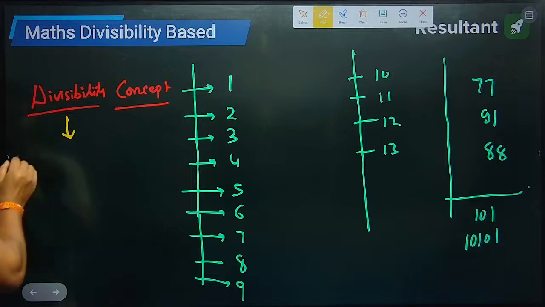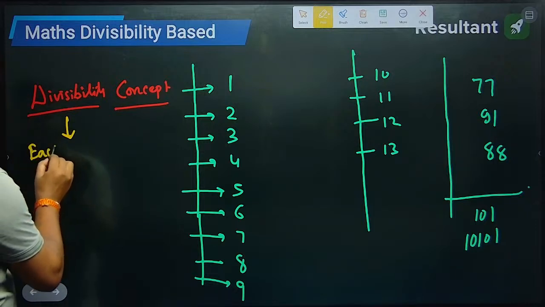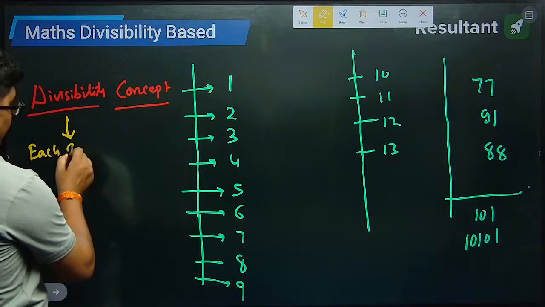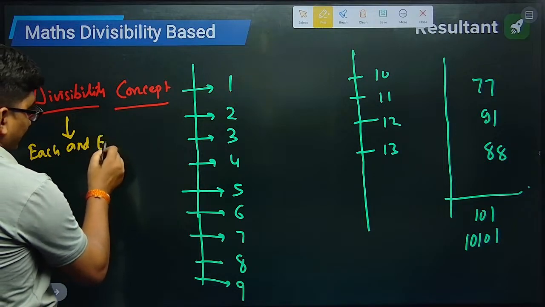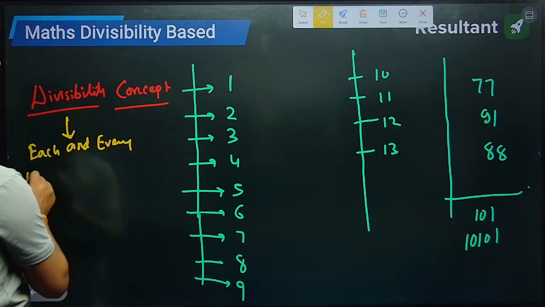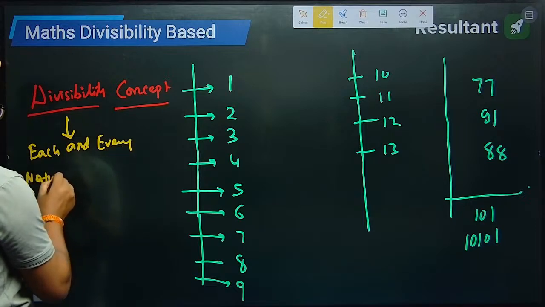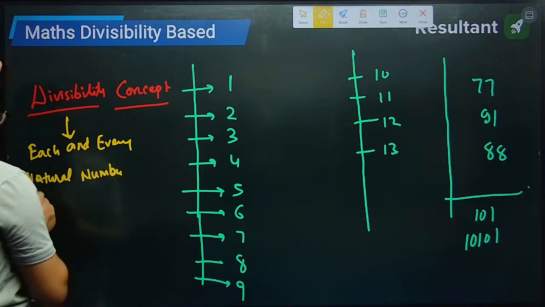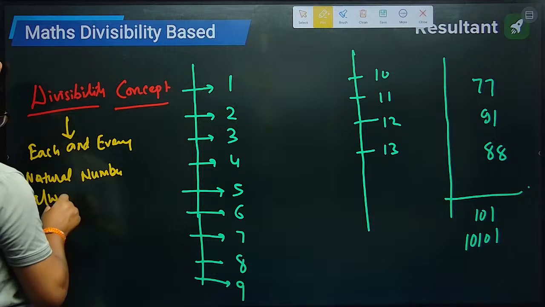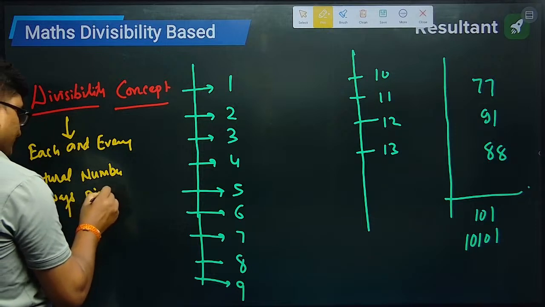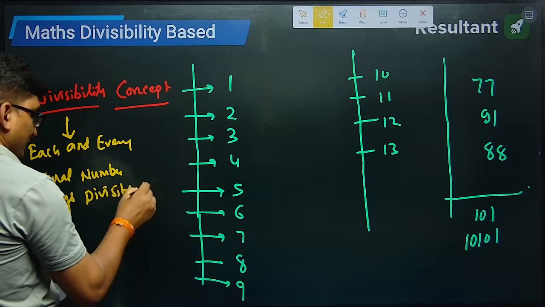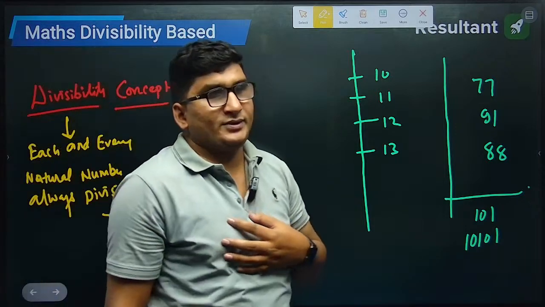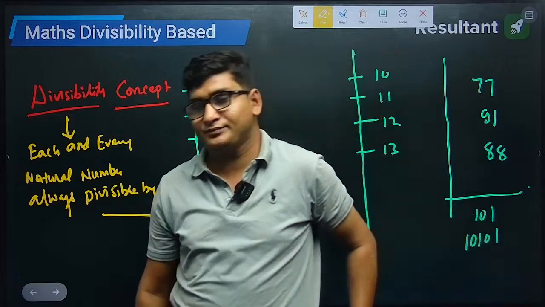Then you can say each and every integer, and that too positive, each and every natural number is always divisible by 1. All the numbers are always divisible by 1.